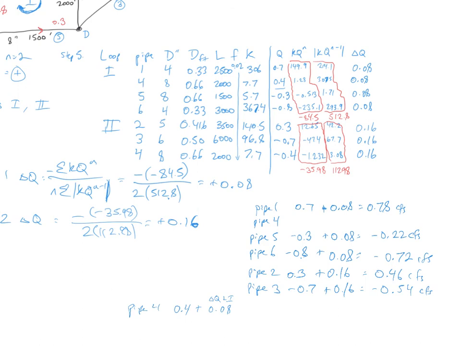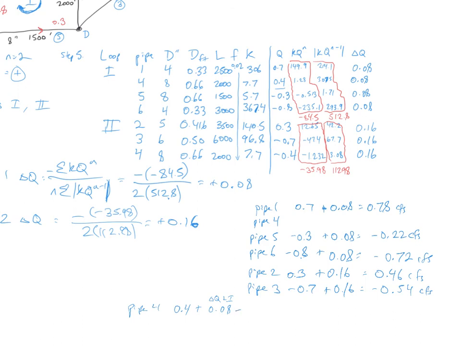Okay? Because pipe 4 is in both loops, in one it's going with the flow, in the other it's going against. In the loop that it's going against, I have to subtract the correction. I have to put a negative sign on whatever the correction is. If the correction had a negative sign, then I would be adding that correction instead of subtracting it.